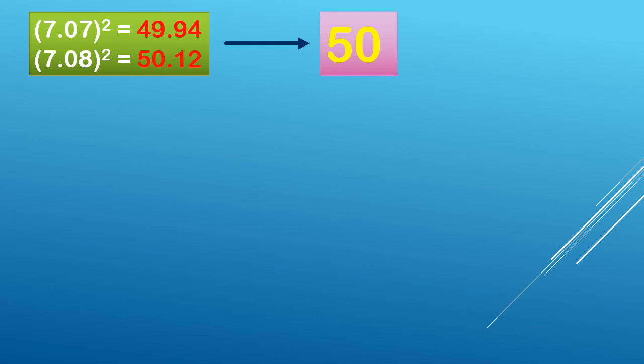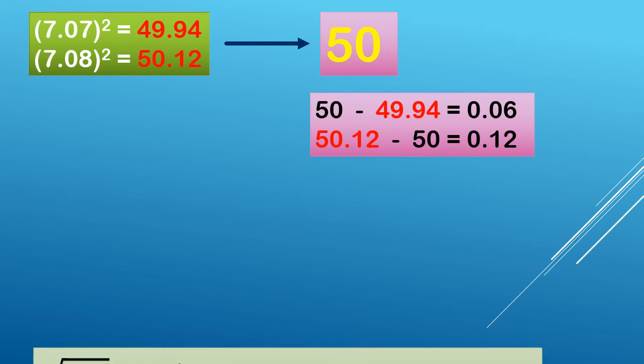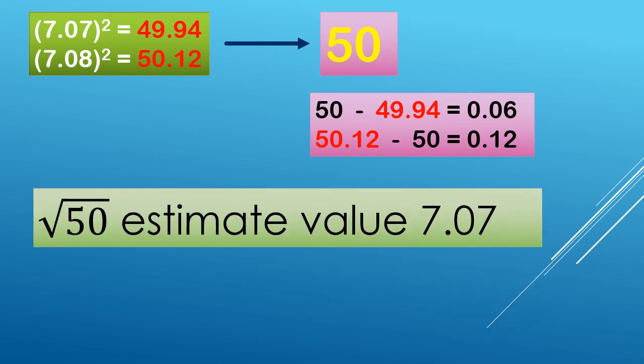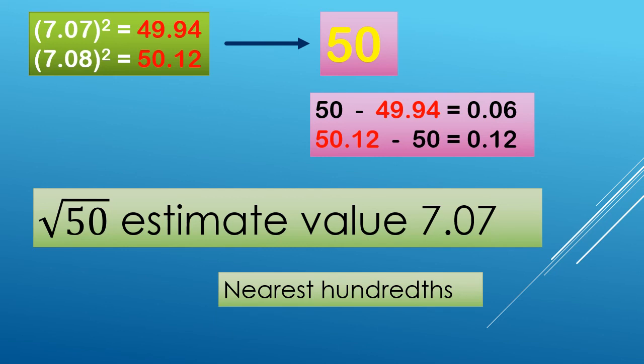Let's identify by subtracting: 50 minus 49.94 is 0.06 and 50.12 minus 50 is 0.12. So the smaller number is 0.06. Therefore, 50 is closer to 49.94, and 49.94 is from 7.07. So the square root of 50, its estimated value to the nearest hundredths, is 7.07.